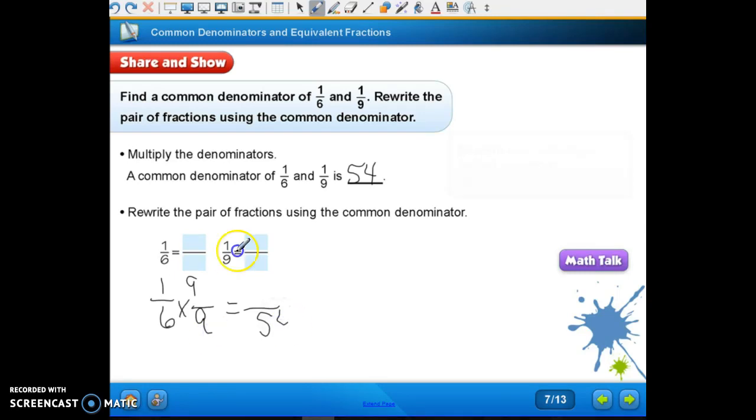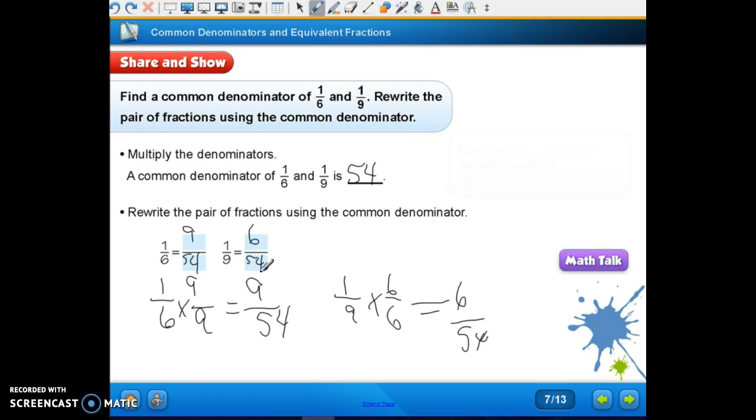Yep. Okay. So I have 9/54. Okay. And then if I have 1/9 and I want it to equal 54, I would have to multiply that by 6. And I would get 6/54. Okay? So that's one way.